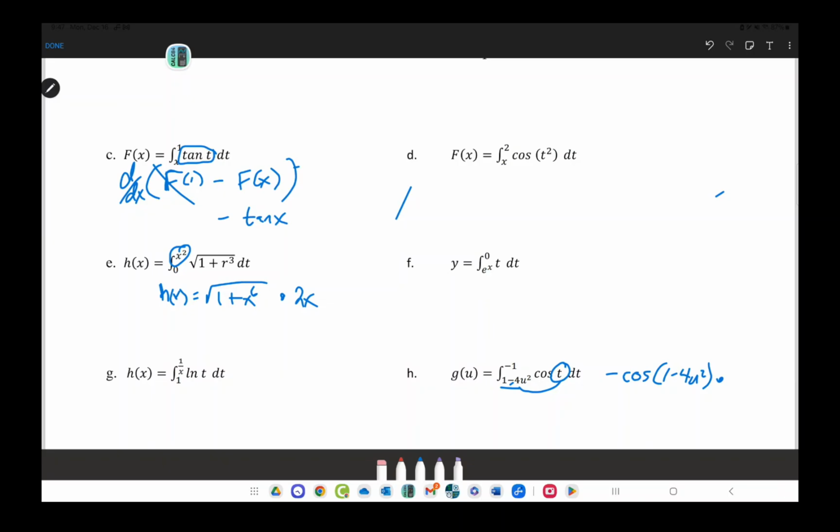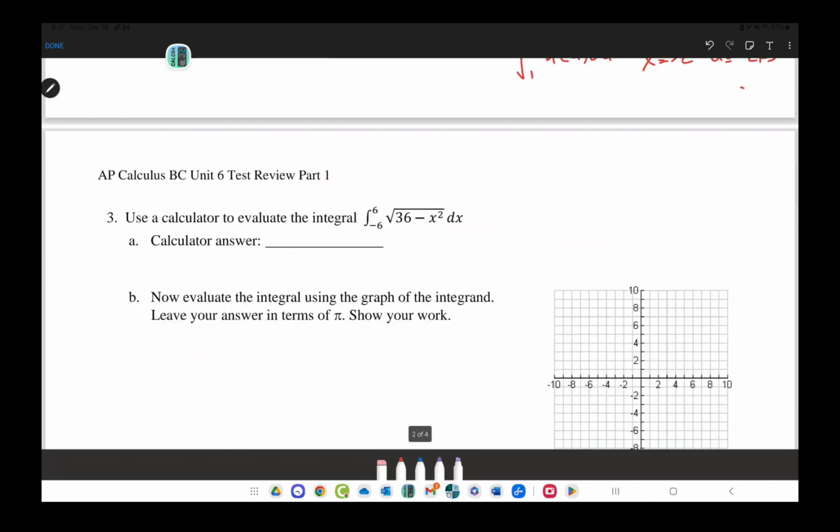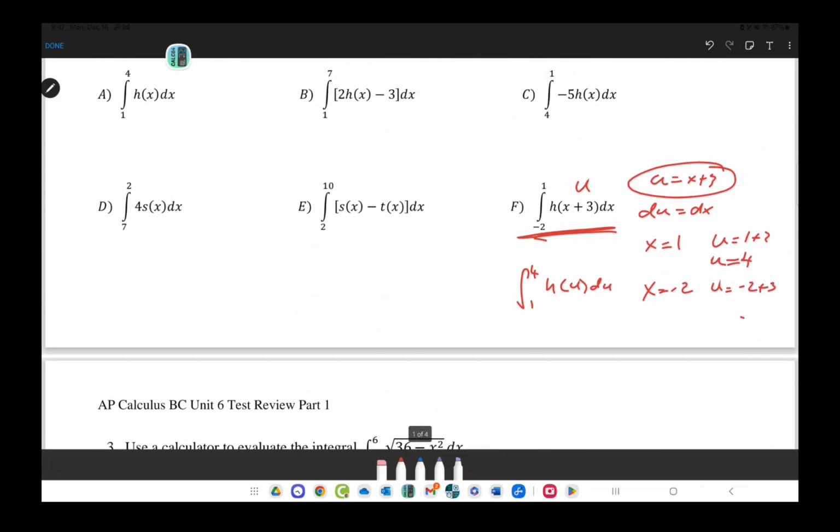Can you go back to F on the front page on number two? The work is not working. Which one? F on number two. How is the answer set? Oh, we did this. It's the same question as A. Once we get it down to this, it's the same as A. Doesn't matter what your variable is.